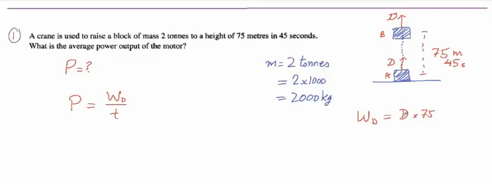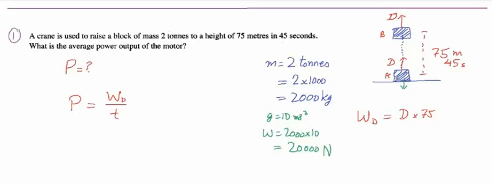Now what is D? D is equal to the weight of the object. Since we take g equal to 10 meters per second squared, the weight will be 2000 times 10, so 20,000 Newton.